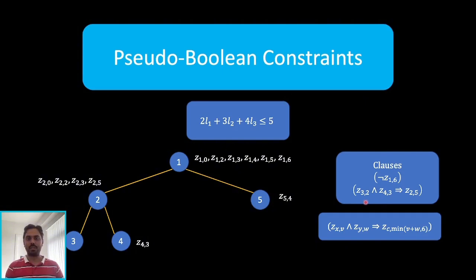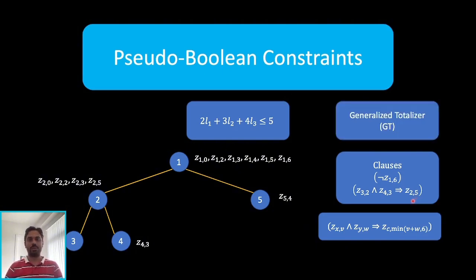Obviously this is not in the regular clause format, which is AND of ORs, but we already saw that we can represent implications in the normal clause format. That's what I'll be using from now on. This entire method is called Generalized Totalizer. That's one way of encoding Pseudo-Boolean constraints.